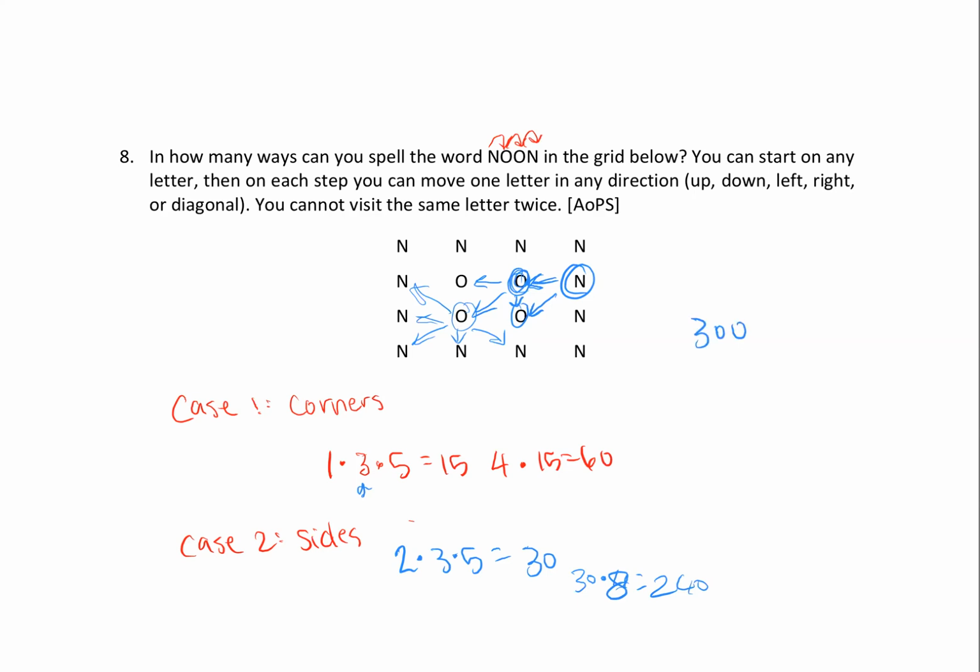However, we cannot visit the same letter twice, so we need to subtract those cases. This is technically overcounting, but we can use it in our casework class today. So one way to go is N to O to O to N, right? And that's impossible. We can't do that.